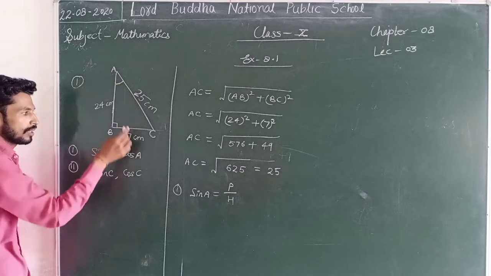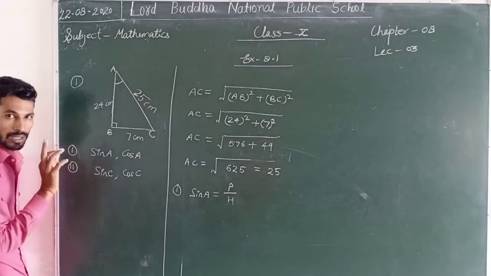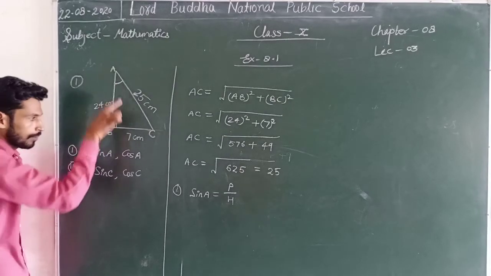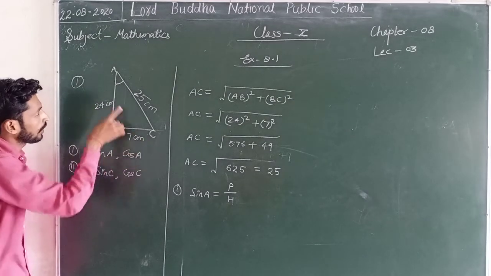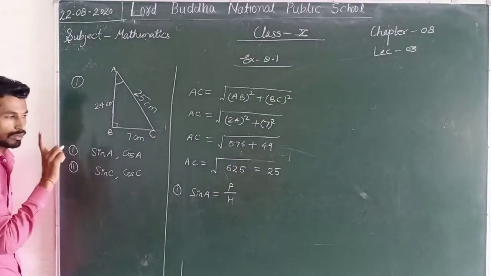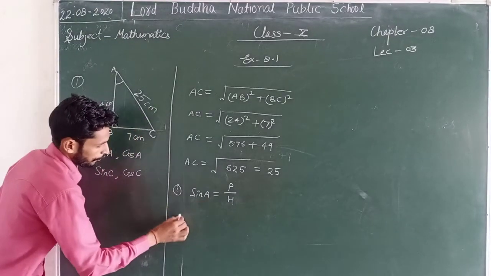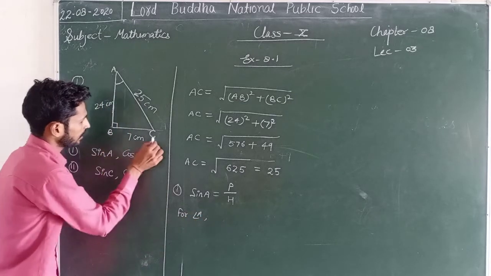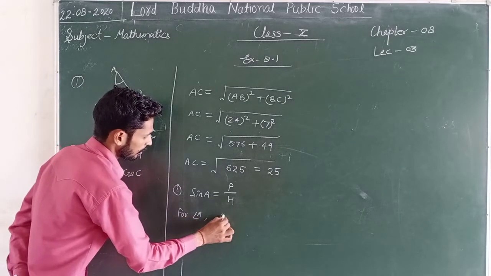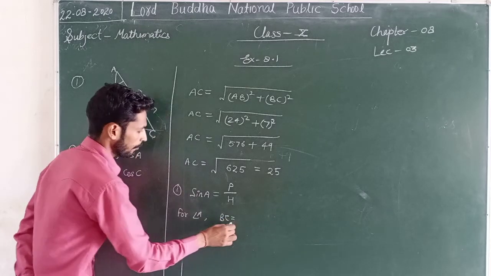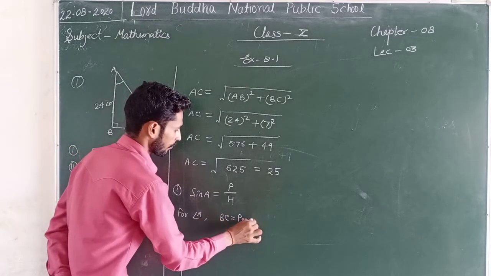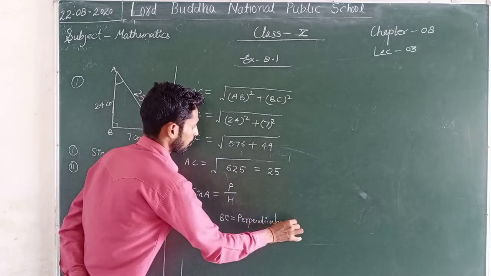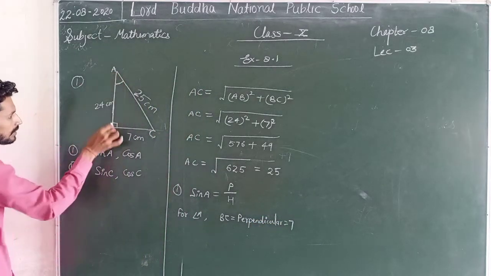According to angle A, BC is the perpendicular and AB is the base. So for angle A, BC is the perpendicular, BC equals 7, and AB is the base.